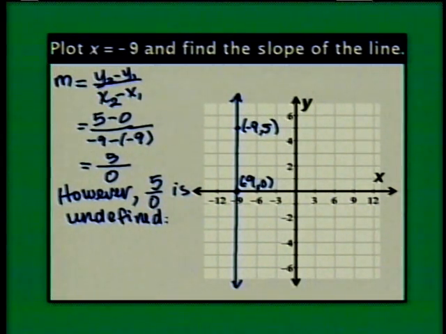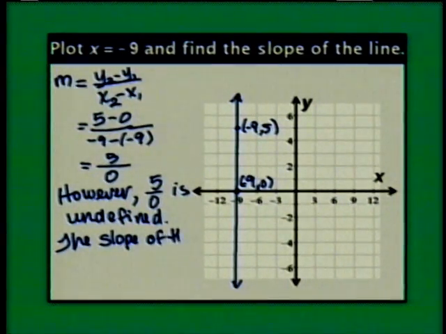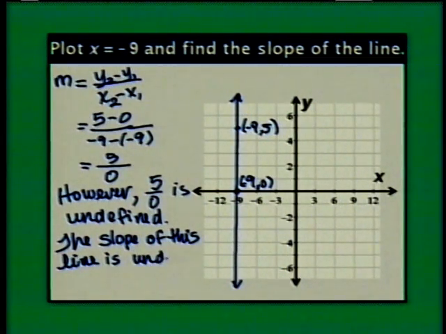So we find out that the slope doesn't equal anything. The slope formula doesn't give us the value of the slope. It does help us, though. It lets us know that the slope is undefined. So we would say the slope of this line is undefined.